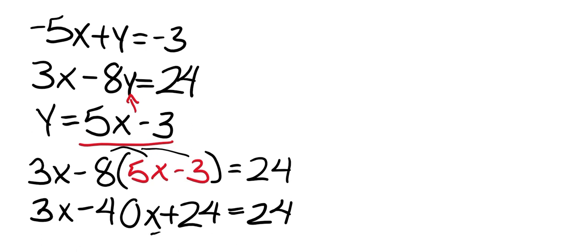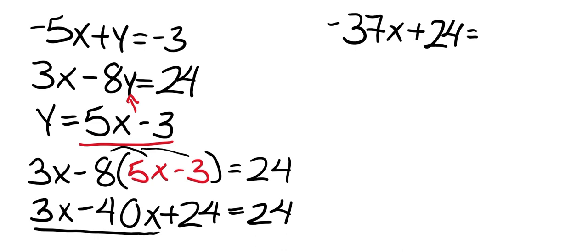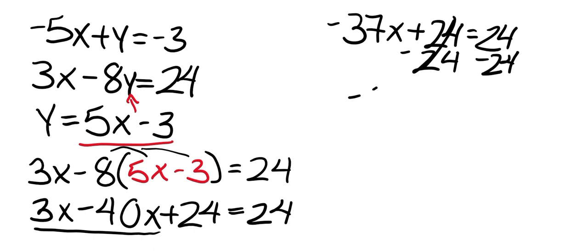We're going to combine like terms. 3x minus 40x gives us negative 37x plus 24 equals 24. Next, we're going to subtract 24 on both sides. And that's going to give us negative 37x equals 0.